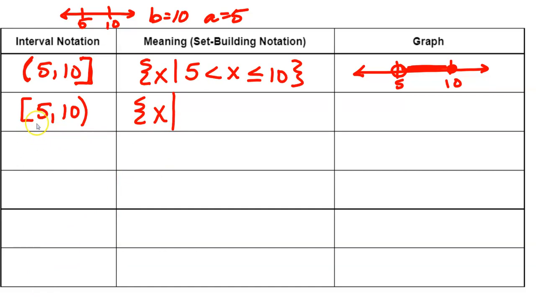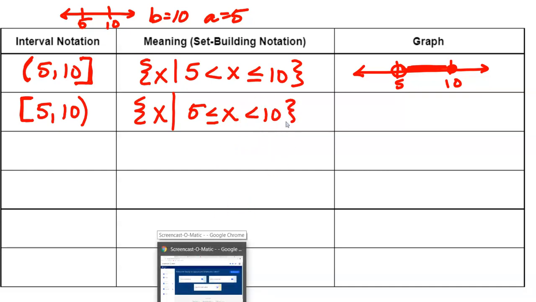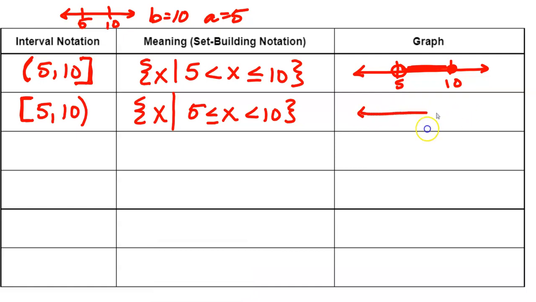And I'm going to go from 5 to 10. So 5 is less than or equal to, this time, because I do have this bracket, x, which is less than 10, and I'm going to do my brace again. Okay, so this includes 5, but does not include 10, and I need all those values in between.